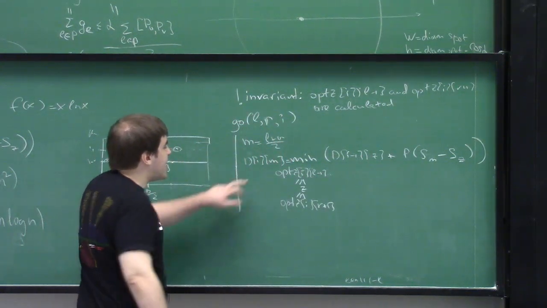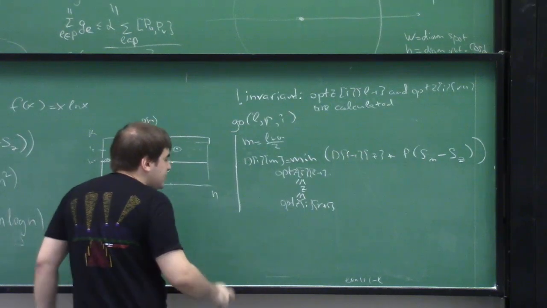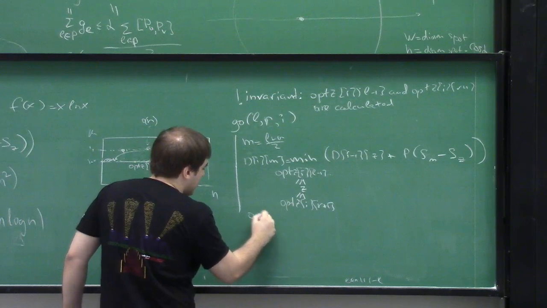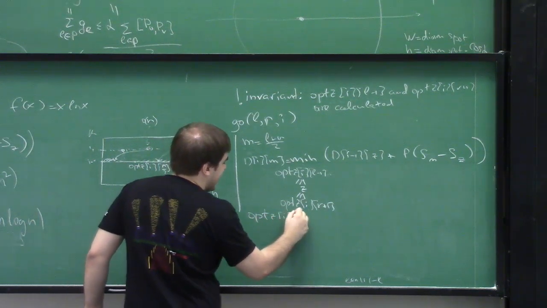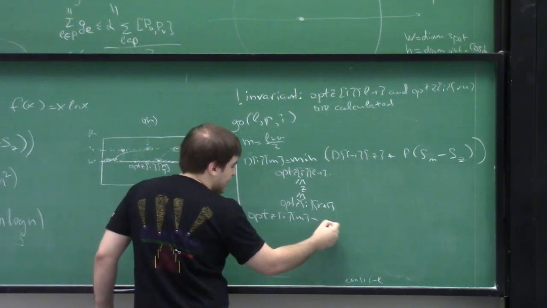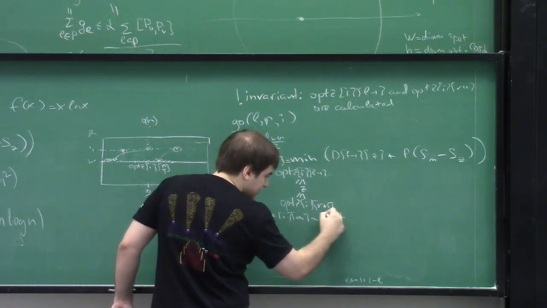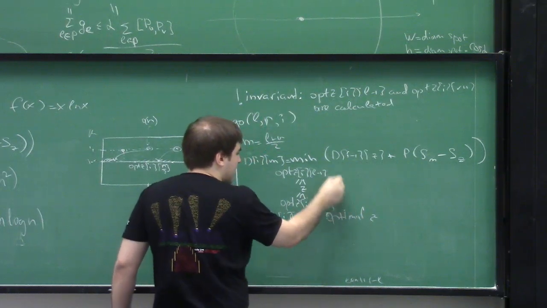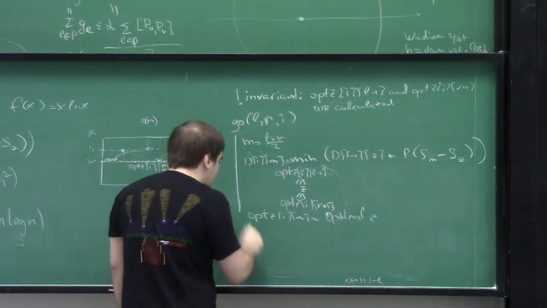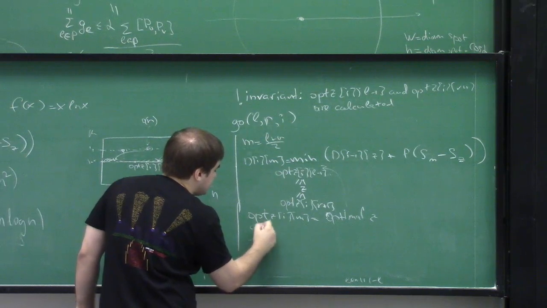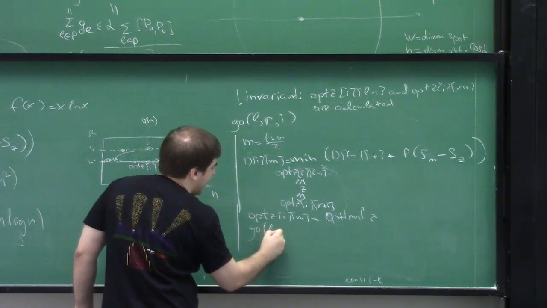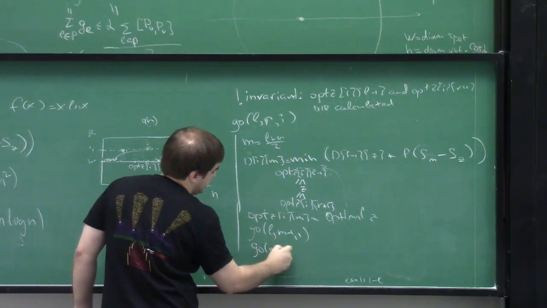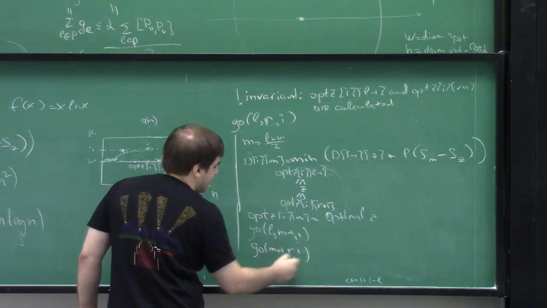So calculate dp of i, M using this formula, and then let opt z of i, M be equal to the optimal z that may be found, and then make two recursive calls, go of L, M minus 1 and go of M plus 1, R.